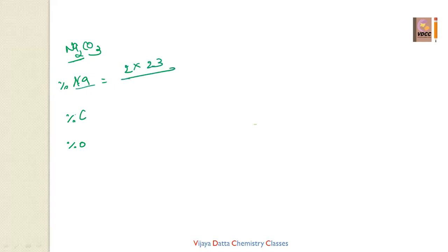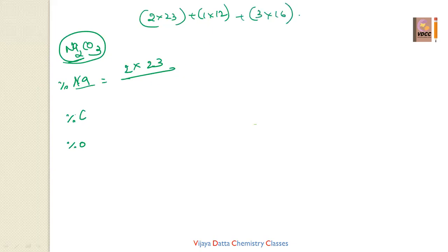The molecular weight of Na2CO3 is 2 into 23 plus only 1 into 12, because only one carbon atom is there, plus 3 into 16, which means 106. Some compounds you have to remember because they are always repeated in the exam.